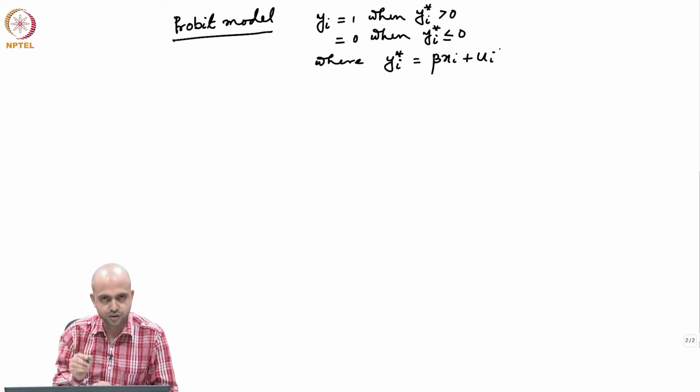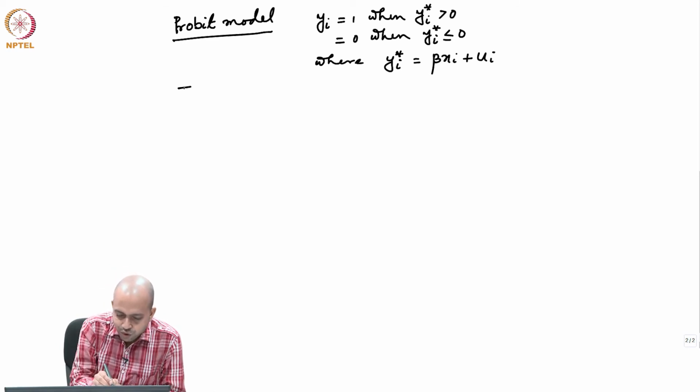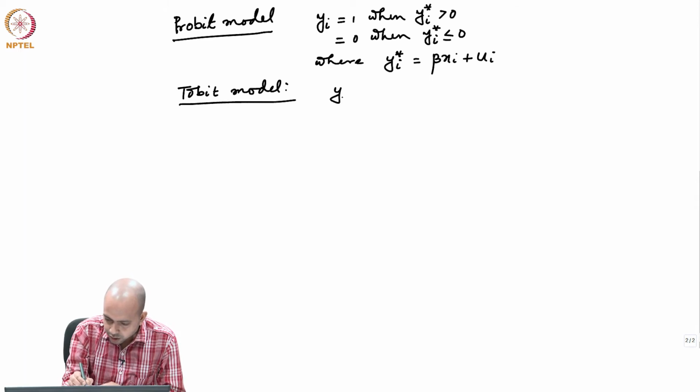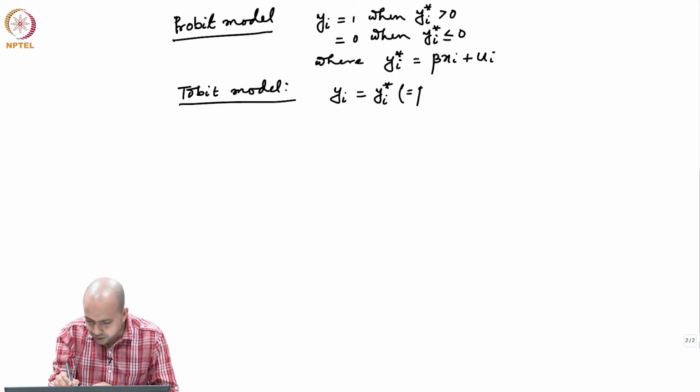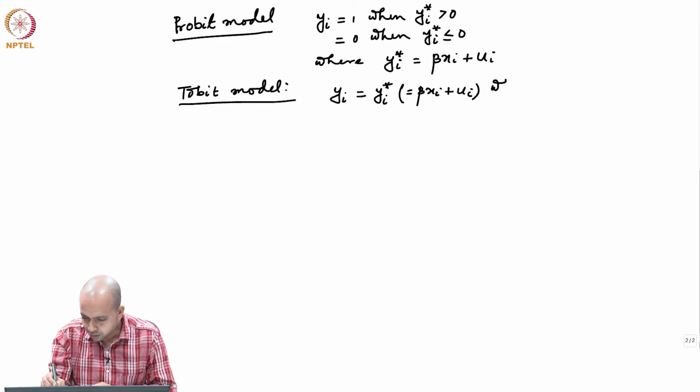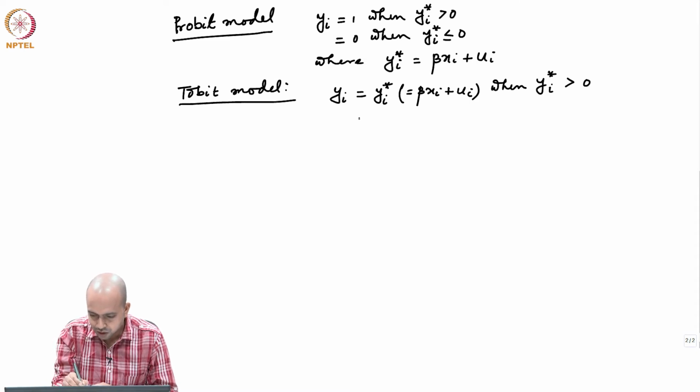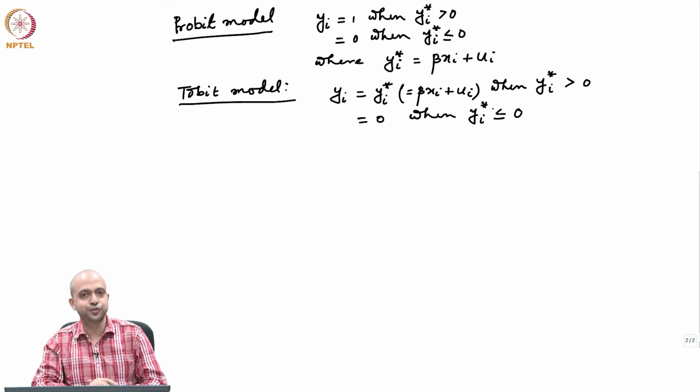But in the case of Tobit, we are saying that yi equals yi star, which is equal to beta xi plus ui, when yi star is greater than 0, and equals 0 when yi star is less than or equal to 0.